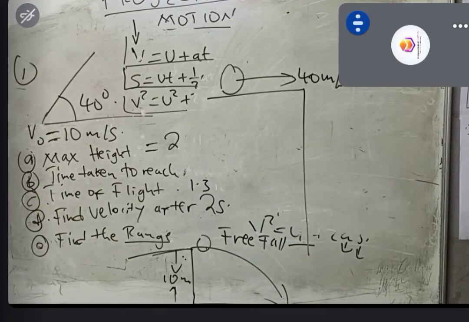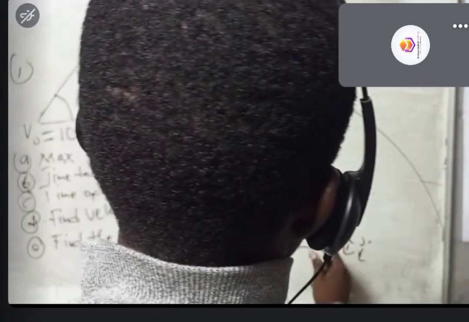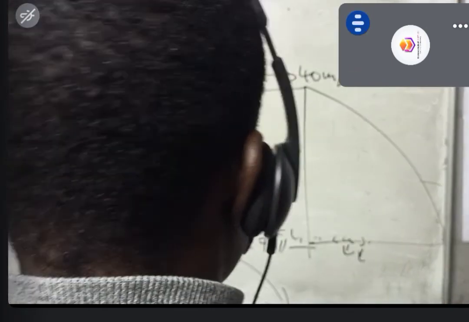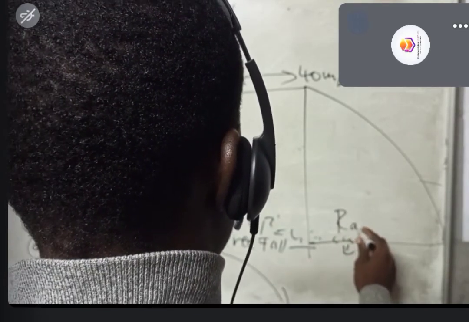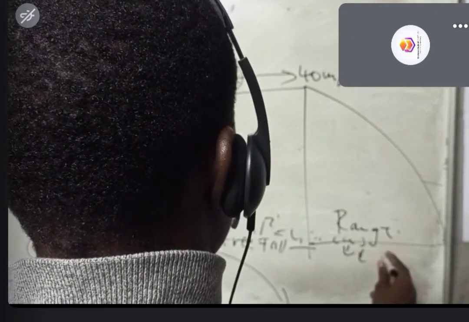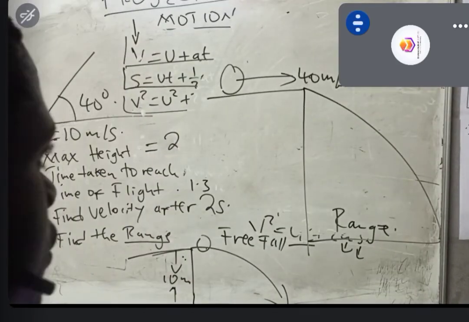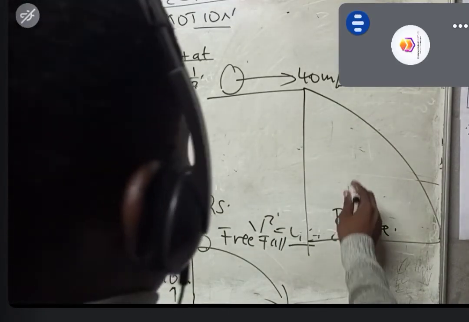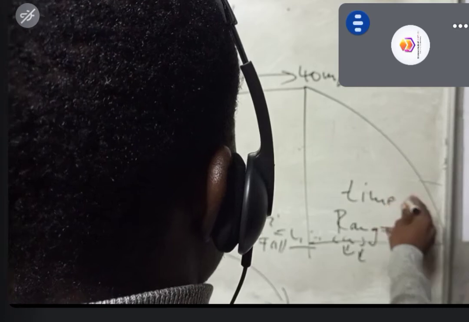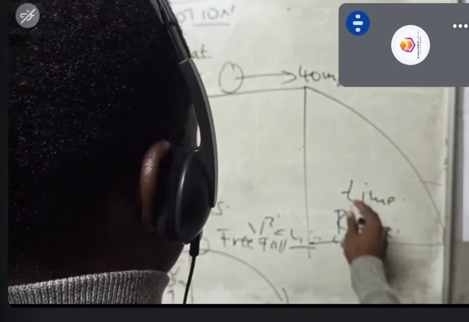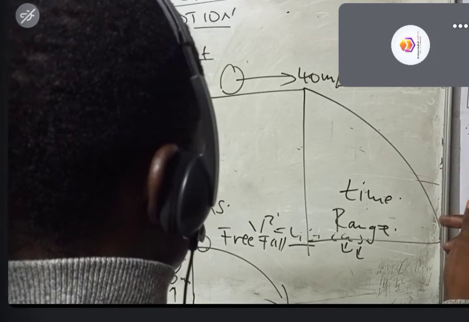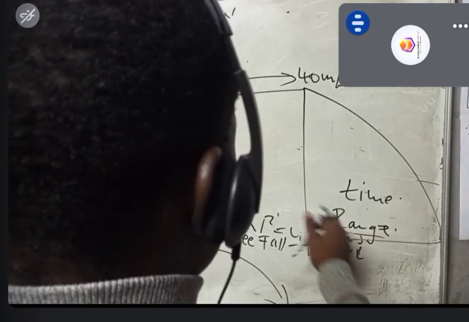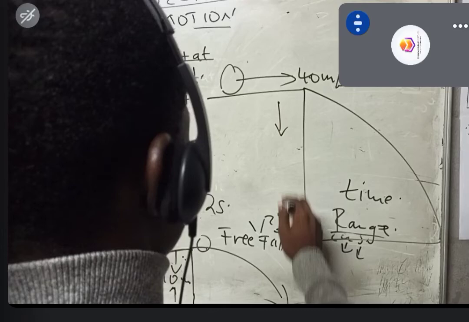So they'll ask you simple questions like the range, like someone was saying, how far is it going to fall from the building? Questions you ask about the range. They can ask you the time it's going to take to reach the ground. If I give you the range, they can ask you to find the height. But if I give you the height, they can ask you to find the range.